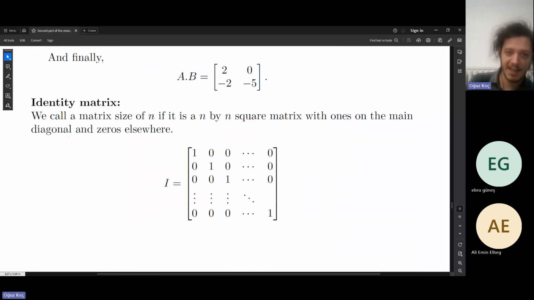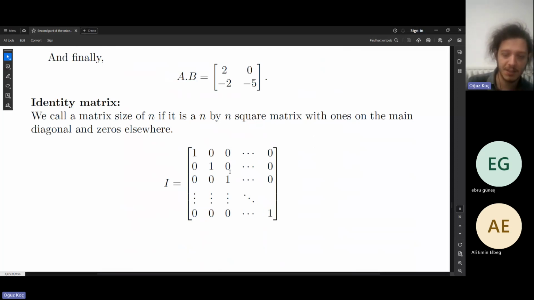If its size is n, then it has to be an n by n matrix, with ones on the main diagonal. Diagonal in the matrix means these values. These values are the diagonal values. They have to be equal to 1. All of them have to be equal to 1.